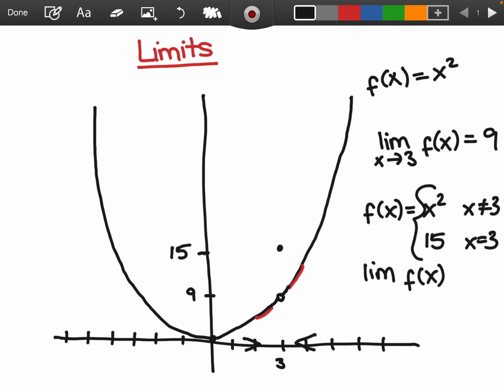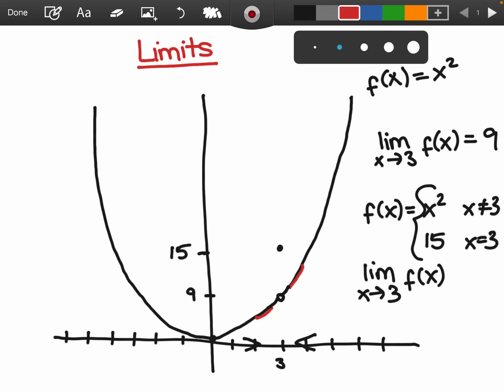And I'm going to now look at what's the limit of this function as x approaches 3. So as I approach 3 from the left, as I plug in larger and larger values of x, my function value gets closer and closer to 9.